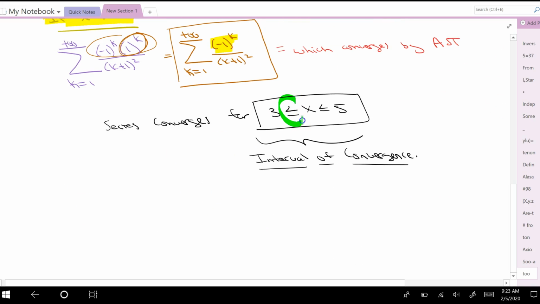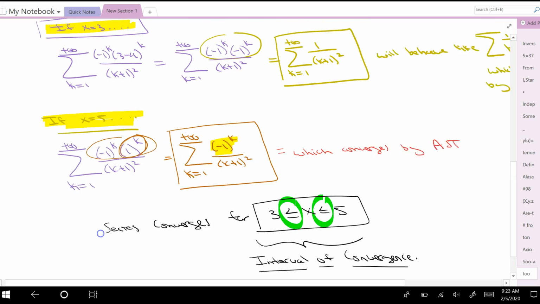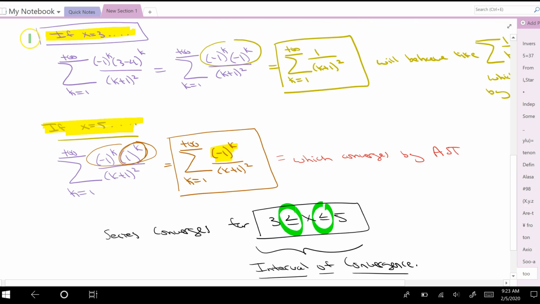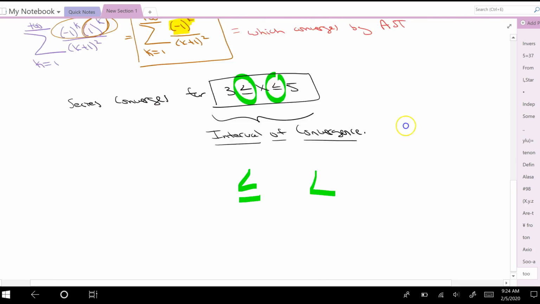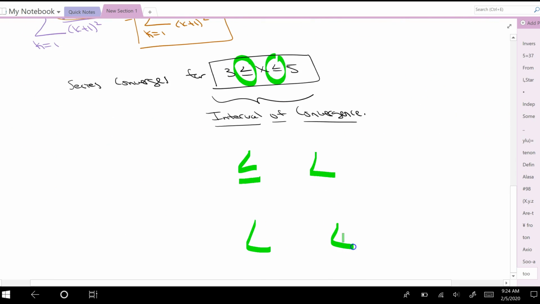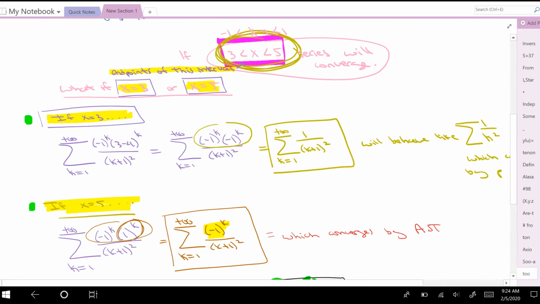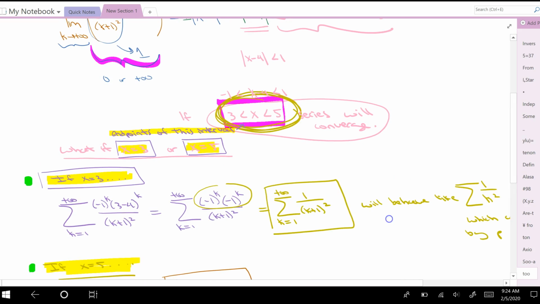The answer to that question is absolutely yes. So, for example, it is absolutely possible that those inequalities could have looked like this, right? Is it also possible that when you check the endpoints, both of them yield divergence? Absolutely yes. And in that case, your interval of convergence would look like this, right? Bottom line, do we always have to check the endpoints of the interval at this juncture? 100% absolutely yes.